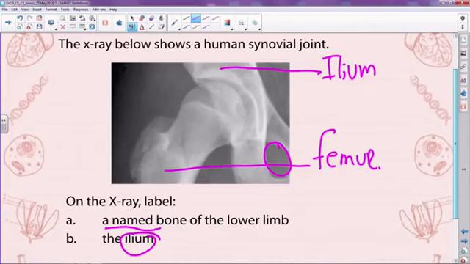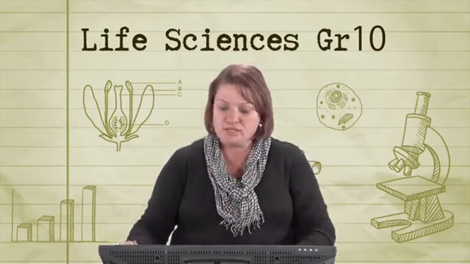So what we've done is we've taken an X-ray, and together you need to look at what bones of the skeleton these are and then identify the different kinds of joints. A similar question: what have I given you? The skeleton. You need to tie it up with the skeletal system.